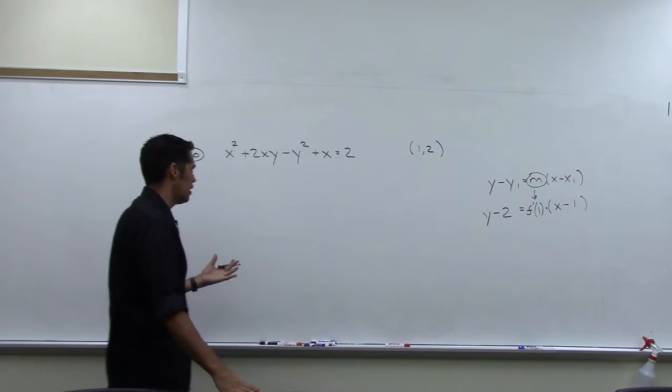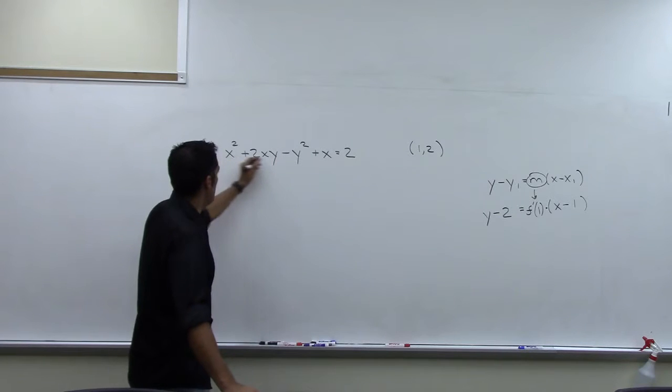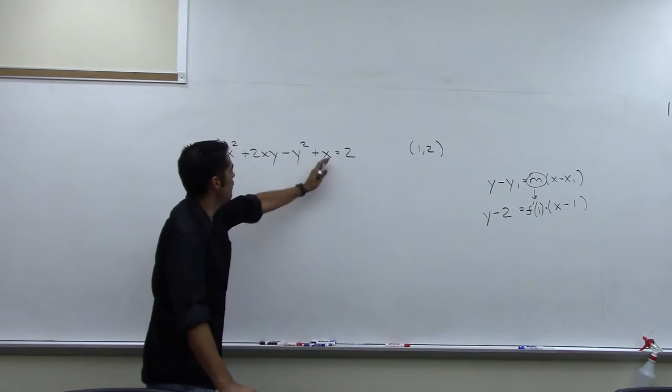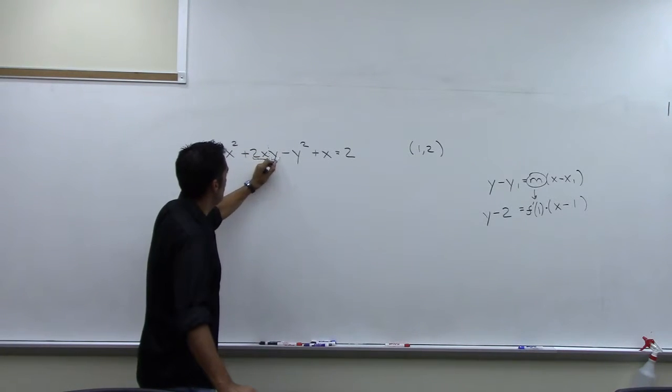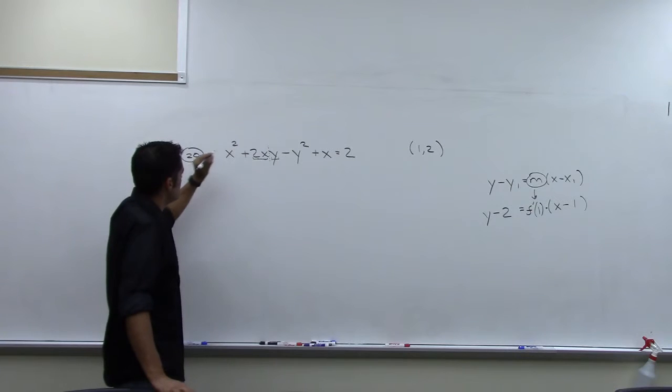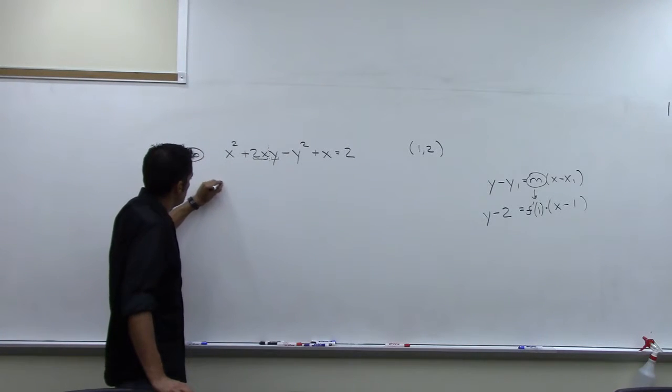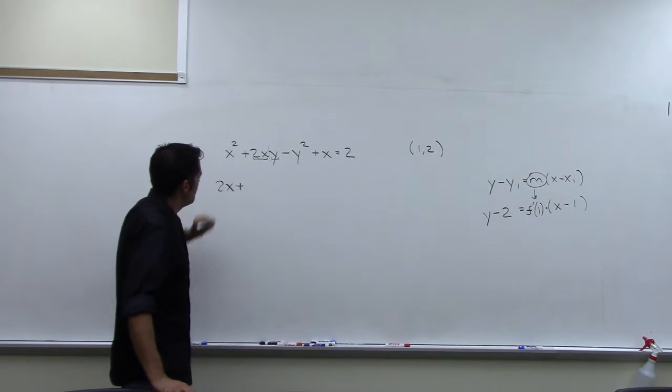Now I'm going to work very quickly through this. I have 1, 2, 3, 4 terms on the left side. I do have a product rule right there, it's this 2x times y. So first, starting with this, derivative of x squared is 2x plus product rule.